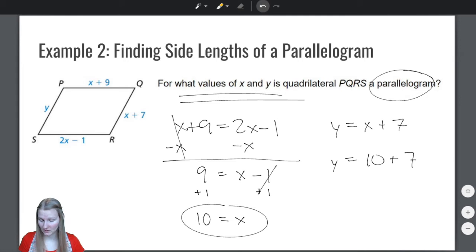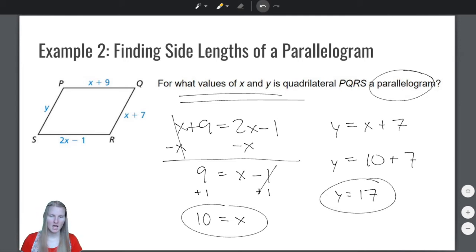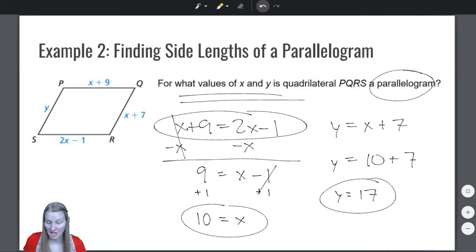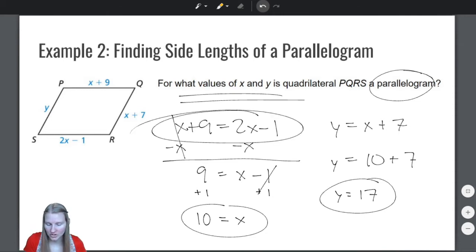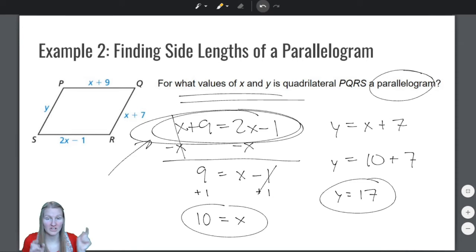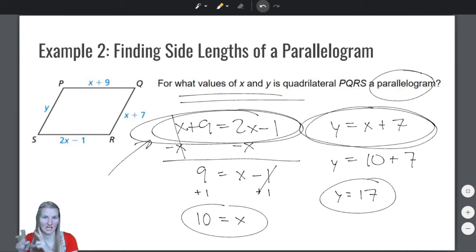What's 10 plus 7? 17. There we go. So if you ever have two equations, one just has one variable and the other has two variables, work with the equation that just has one variable. This just has x's. Then deal with the equation that has two variables, like an x and a y.